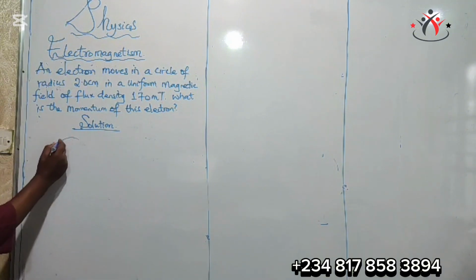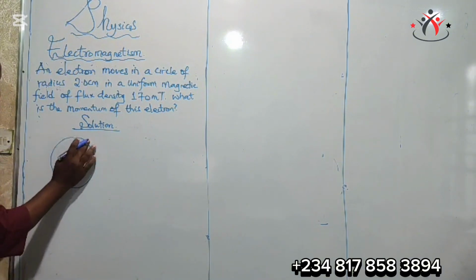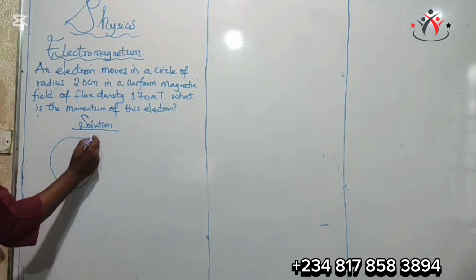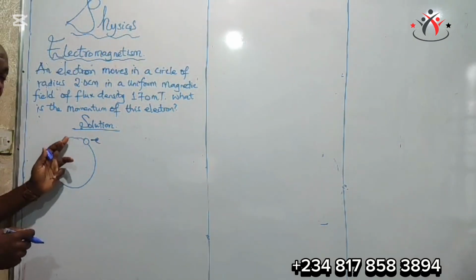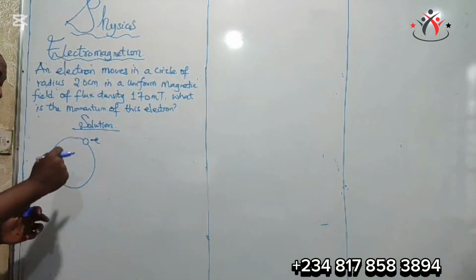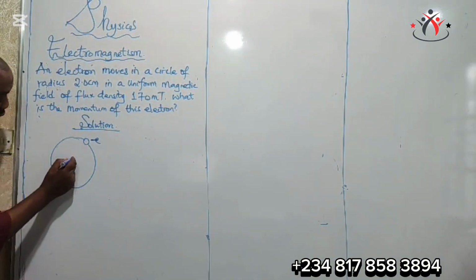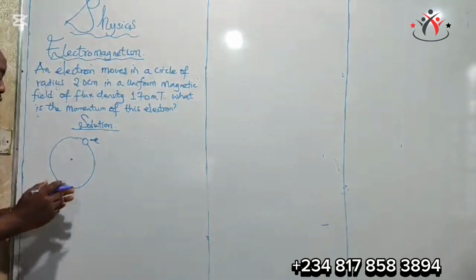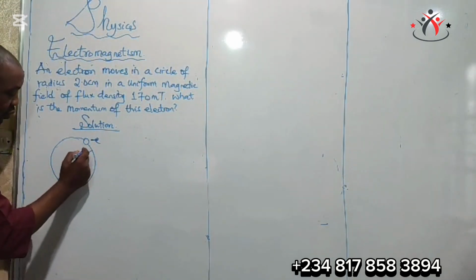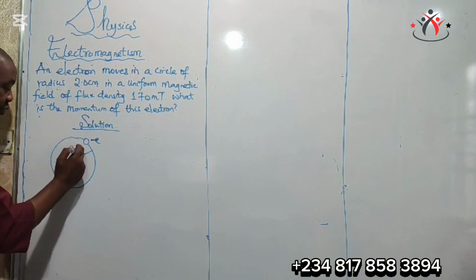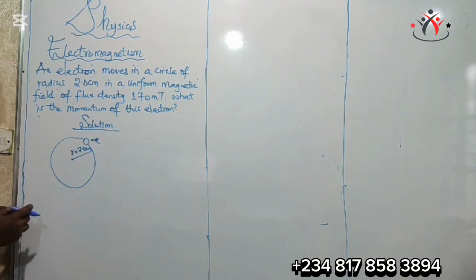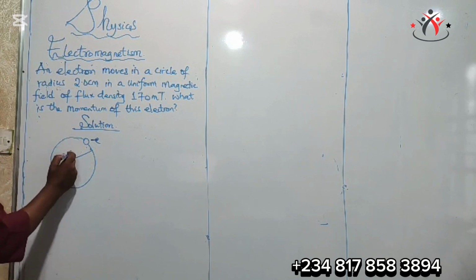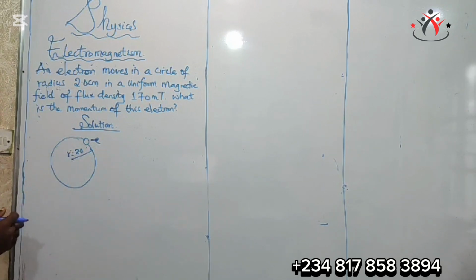The circle is being described by an electronic charge along a path, and the radius of the path as it moves is given to be 2.0 centimeters.